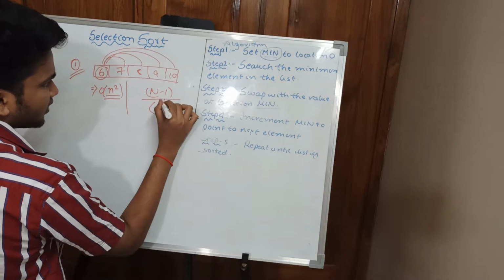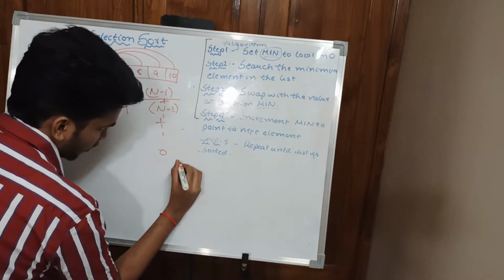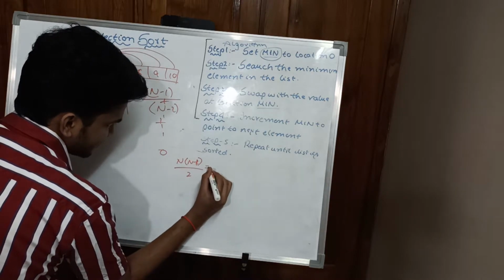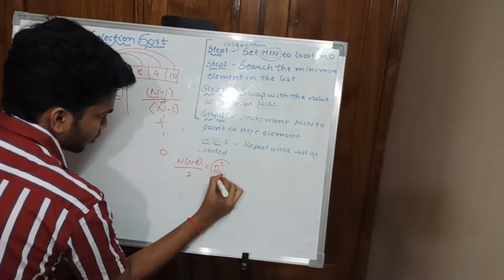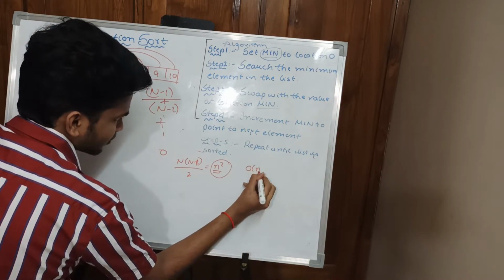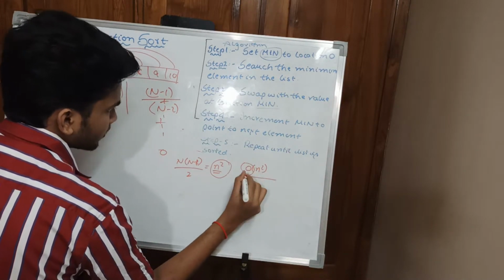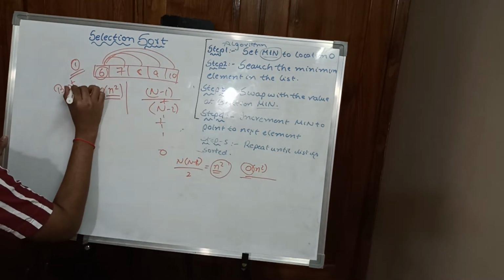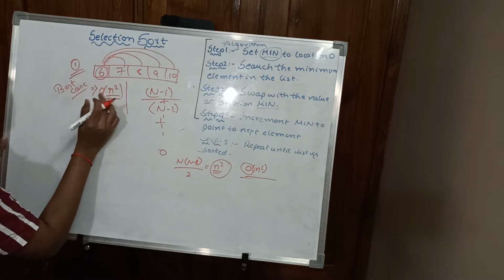When we add up all these, we get the formula n into n minus 1 by 2, which is equivalent to n square. So we represent the time complexity with O of n square, where O stands for order. Okay, so this is the best case. So the best case is order of n square.